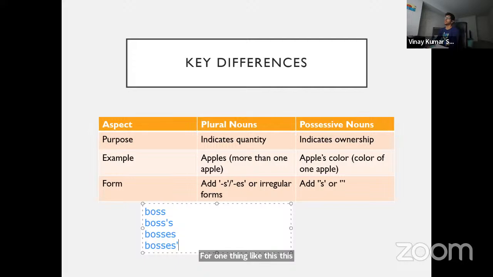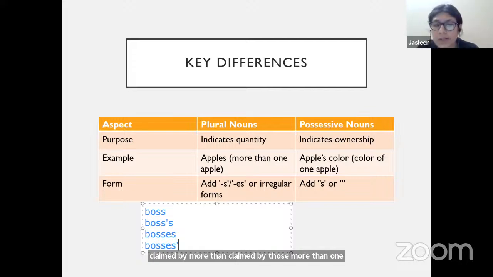So that's what the apostrophe before the S is for. Then bosses is plural, as in more than one boss. And then the last one is an object claimed by more than one boss. Perfect. Okay.